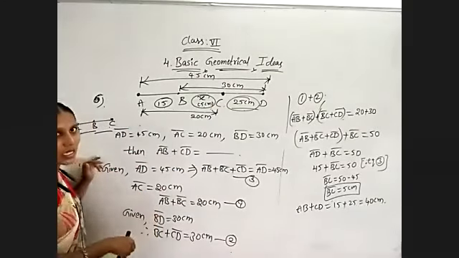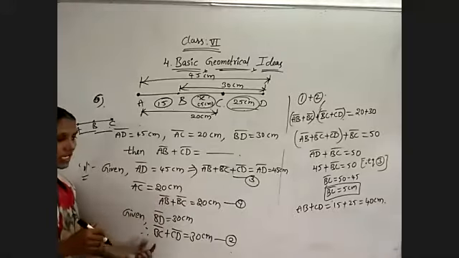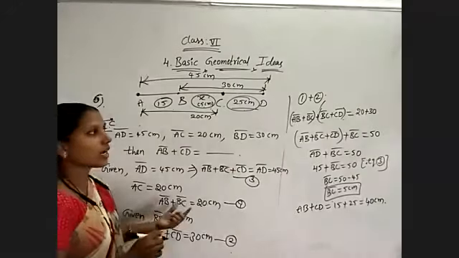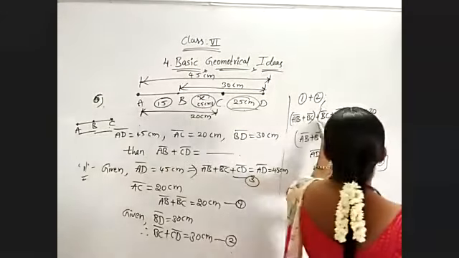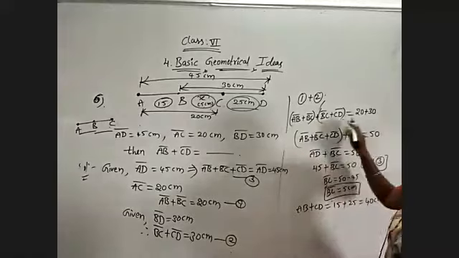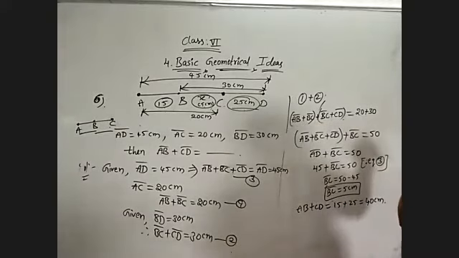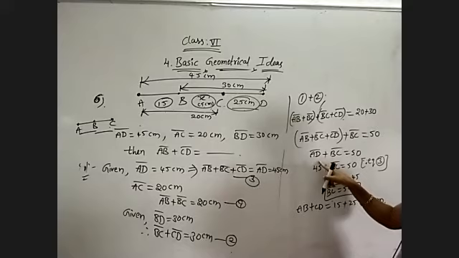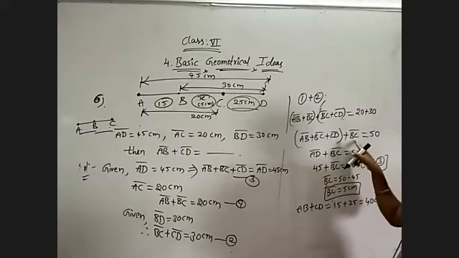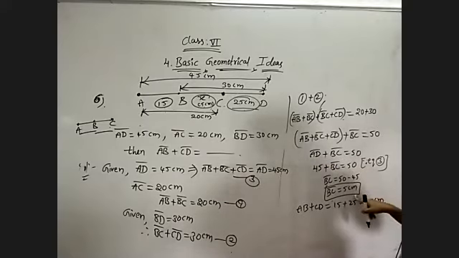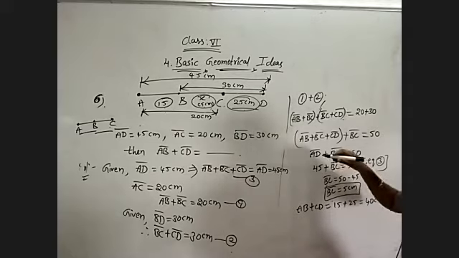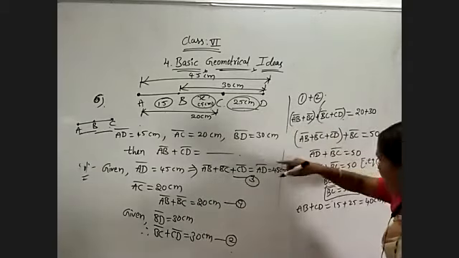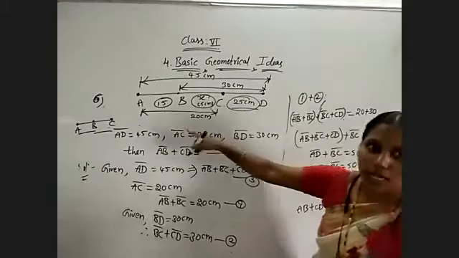For simplification, I thought of that idea. So first one and second one I am adding, and what I will get is AB plus BC plus CD on the left side, 20 plus 30 on the right side. Then AB plus BC plus CD equal to AD. AD length is 45, so to get the BC length, 50 minus 45 we must do. That is nothing but 5 centimeters. Now here we need to find out AB length.